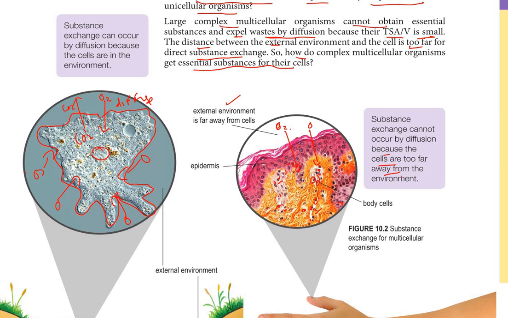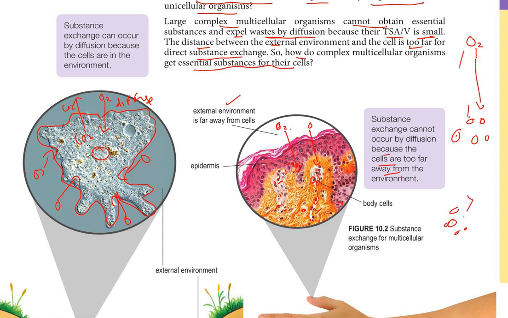So let's say you have a lot of cells down here. If oxygen just diffuses here, the cells in the upper part can get the oxygen. What about the ones below?